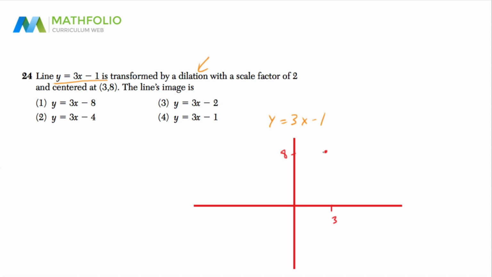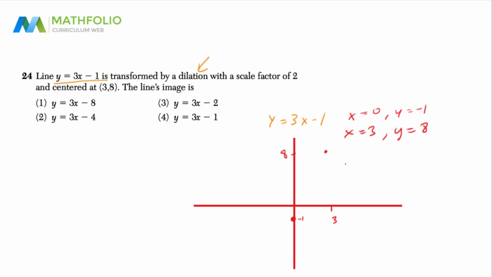We're given the first line, which is y equals 3x minus 1. So when x equals 0, then y equals -1. So 0, -1. It's important, 0, -1. And also when x equals, let's just say 3, and 3 times 3 minus 1, then y is going to equal 8.